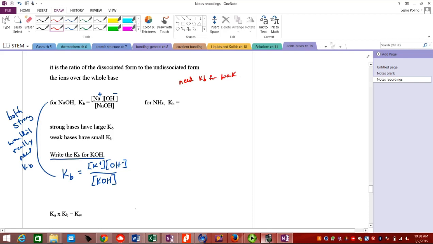Now NH3. NH3 isn't a metal and hydroxide. So we need its dissociation equation, how it reacts with water. NH3 plus H2O. NH3 is a base. We know that because we're in the base section. So a base accepts a hydrogen.